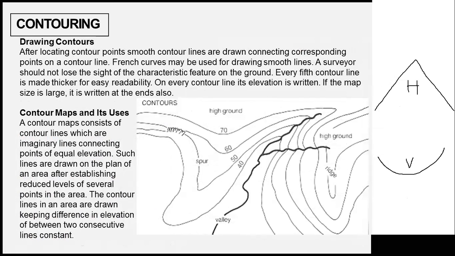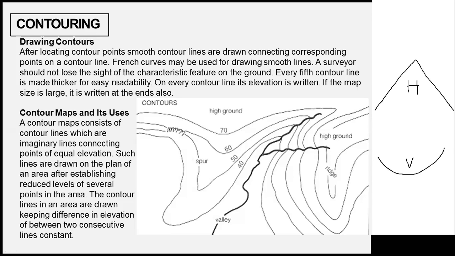Now contour lines represent the contour maps on a larger scale, and there are various uses of these contour maps. On your Google Maps, you don't have these contour maps, meaning they don't represent the altitude elevation, or the contour lines are not given there.